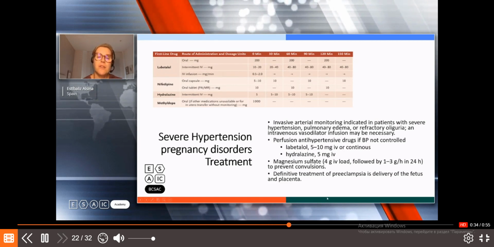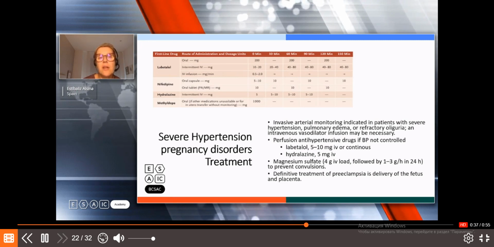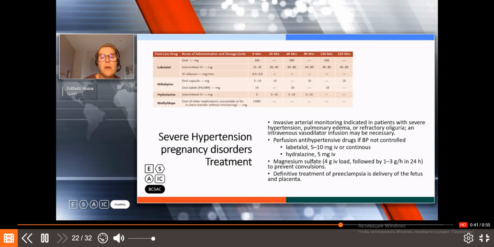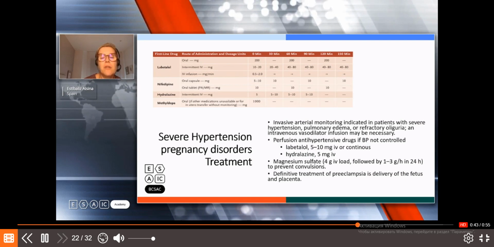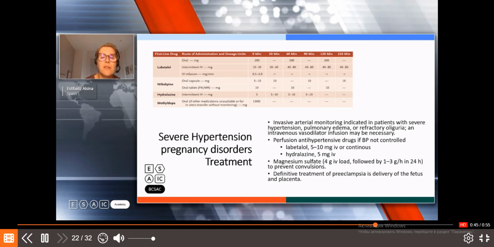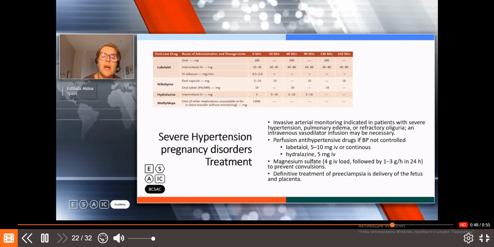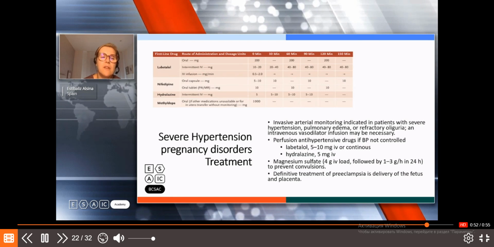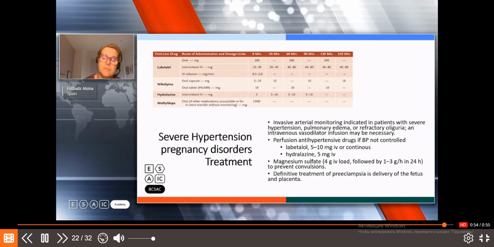We have to start also magnesium sulfate, 4 grams intravenous load, and then 1 to 3 grams per hour during 24 hours. This is the best way to prevent convulsions. And the definitive treatment of this condition is the delivery.